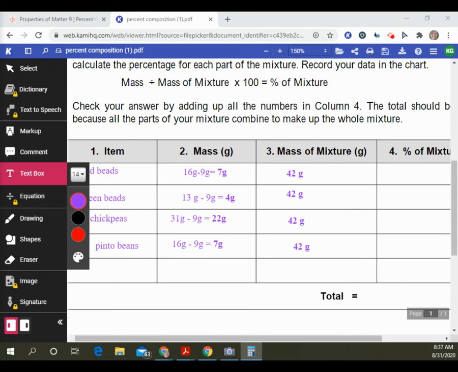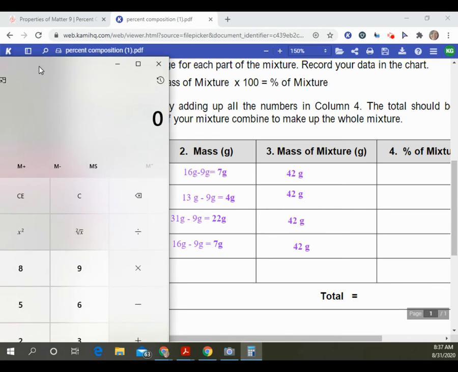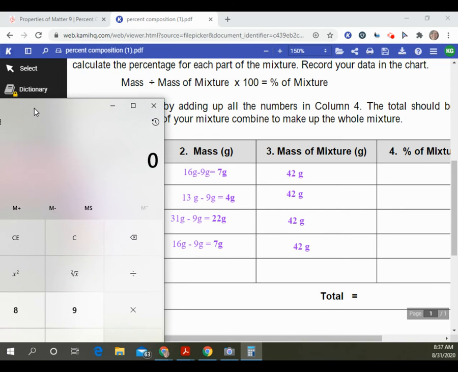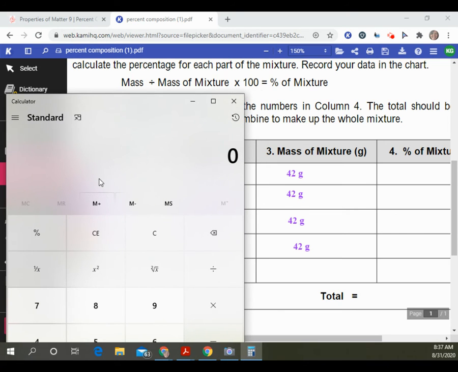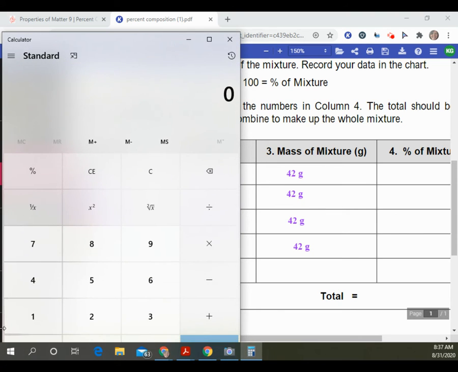Standard so it's easier to see. All right. So for the first one, we're going to do mass divided by mass of mixture times 100. The first one is 7 divided by 42.